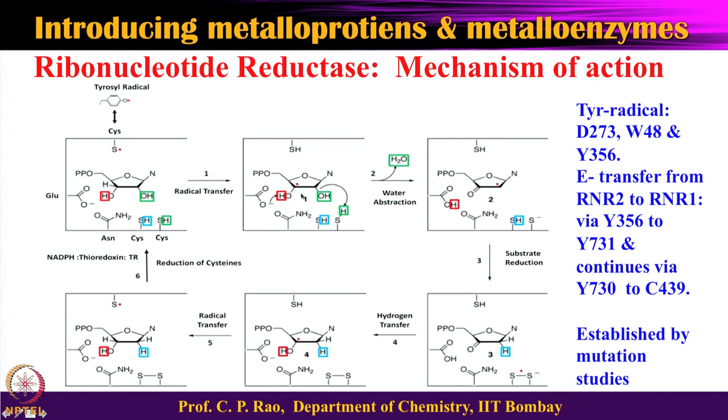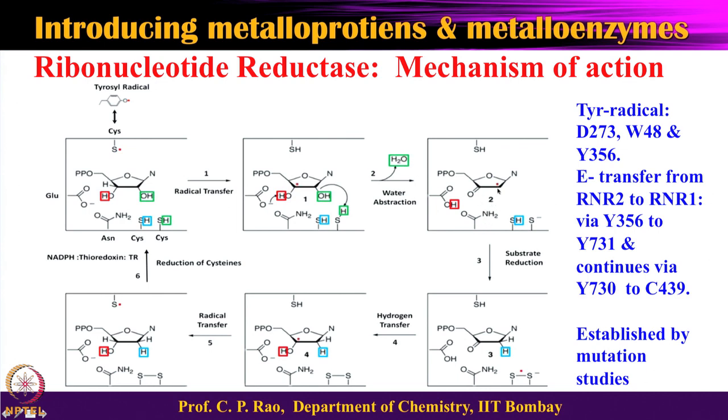So, therefore, the radical is transferred not to the C2, but to the C3 prime, and this radical converts to the 2 prime position, and in this process the OH is combined with the hydrogen, and that will leave as water. So, the water is lost.